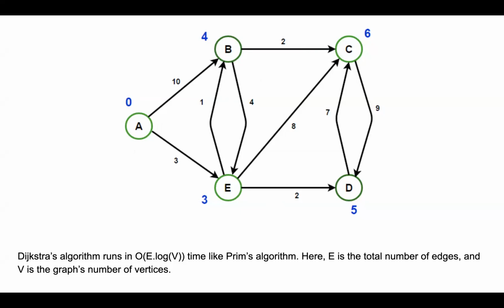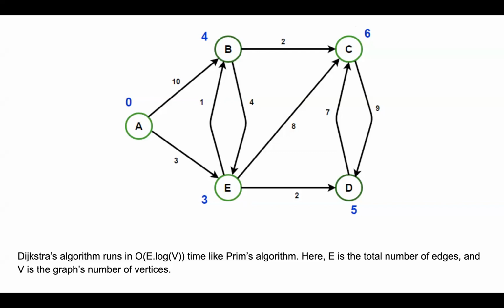Here, E is the total number of edges and V is the number of vertices in the graph. The total edges we take are only those which give us the minimum distances. Okay. A to E, E to B, B to C, then E to D, like this.